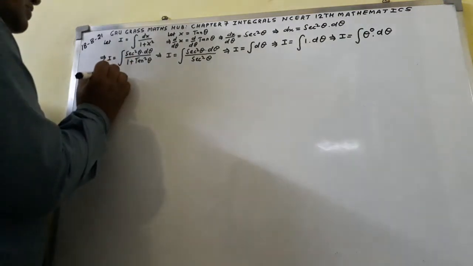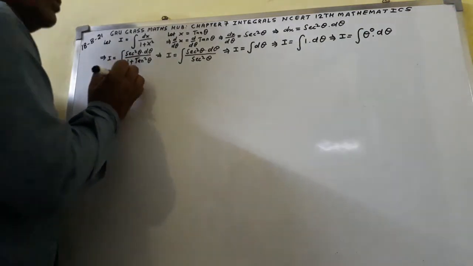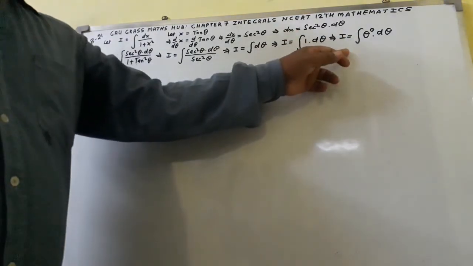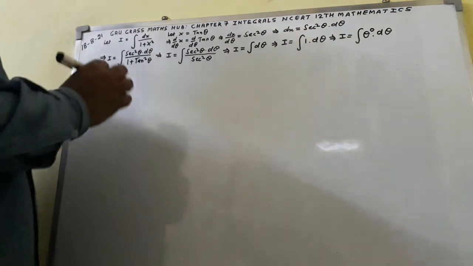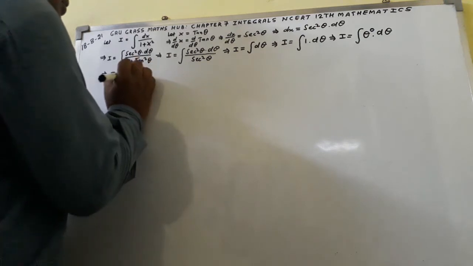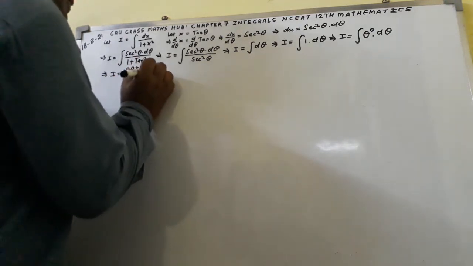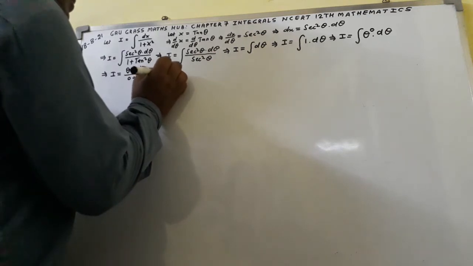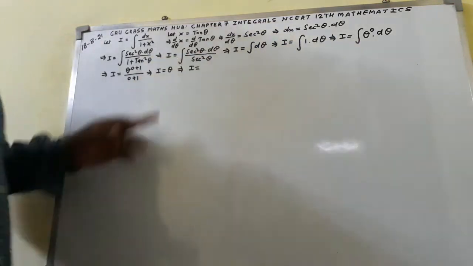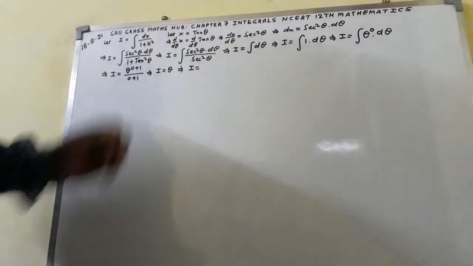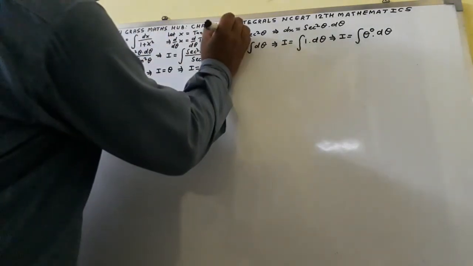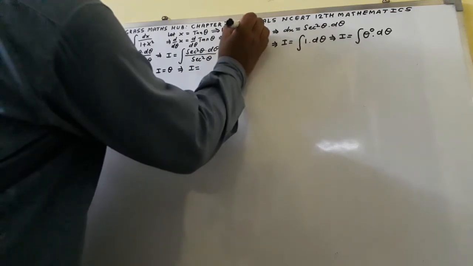Integral of theta raised to power 0 dot d theta comes out to be theta raised to the power 0 plus 1 over 0 plus 1, so I equals theta. The value of theta I shall put from here: x equals tan theta, so theta equals tan inverse x.